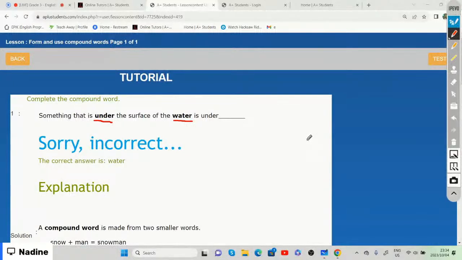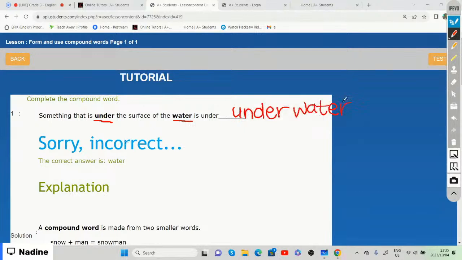What do we call that? If you don't see something on top of the water, then where is it? Where do fish, for example, swim? Yes, so we would say it is underwater. So well done.